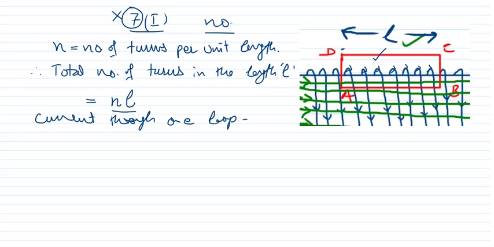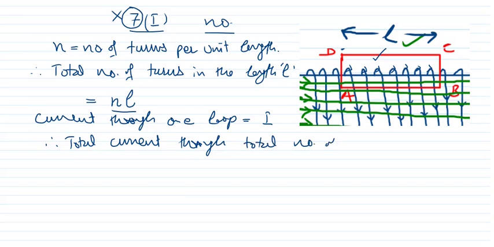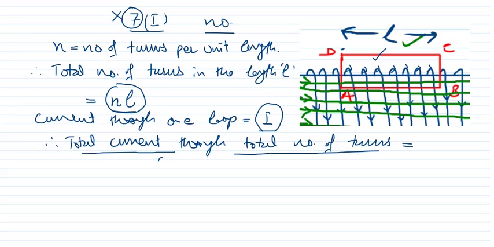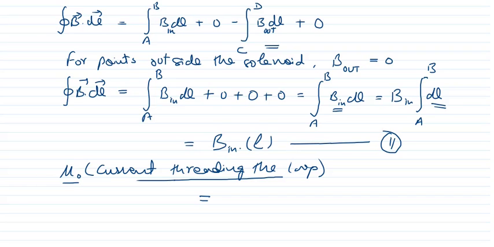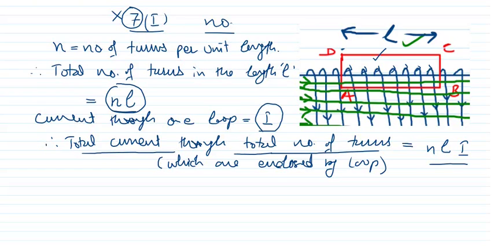Now the current through one loop, or one coil, will be equal to I. If the current through one turn or one loop is I and the total number of turns is NL, then the total current through the total number of turns enclosed by the loop will be equal to NL into I. So if we want to find the current threading the loop, it will be NL into I, the total number of turns into the current through one loop.